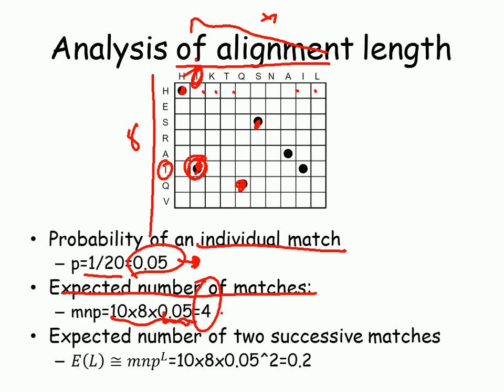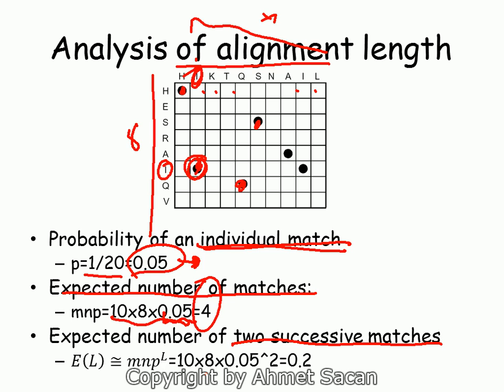Okay? All right, now instead of looking at an individual match, let's find the expected number of 2 successive matches. Let's find how many times that can happen. So 2 successive matches means you have 2 identical hits along the diagonal.